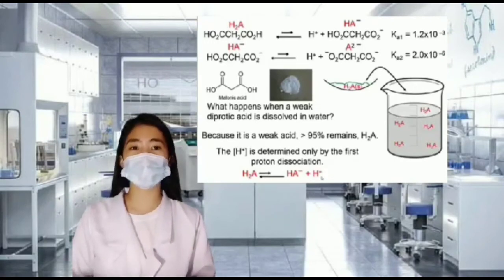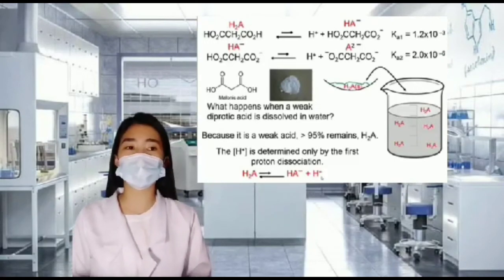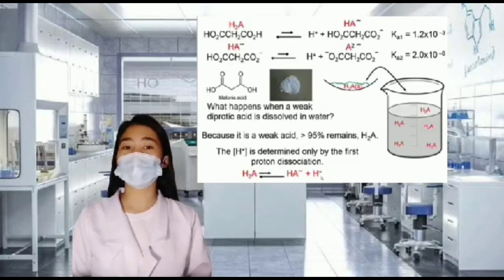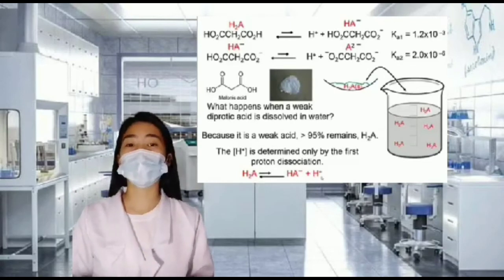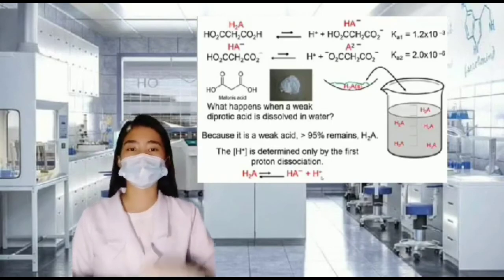The second step has a small equilibrium constant, and there is very little HA negative dissociating. To begin with, all the protons in solution come from the first dissociation step.